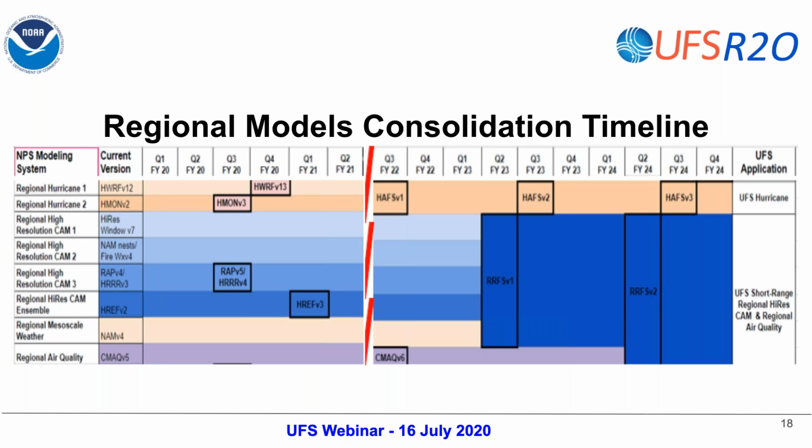Next one is from Ahmed Khalifa. Any facility to scale down into smaller regional models? Yeah, so what's on the screen right now, these blue ones are all regional models, and they're all running at quite high resolutions.